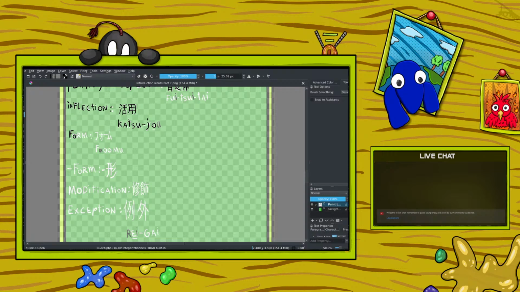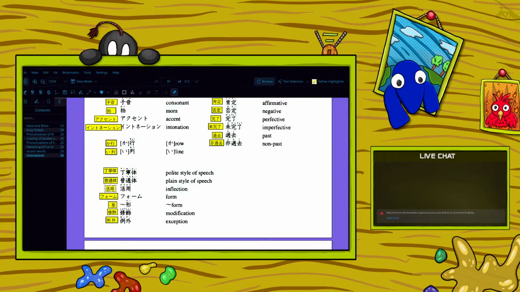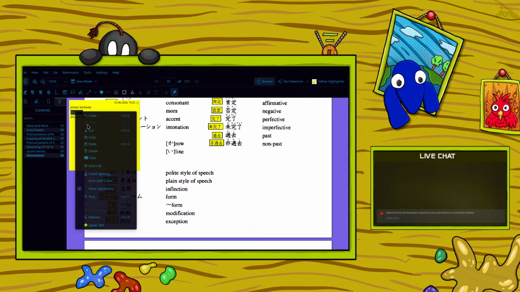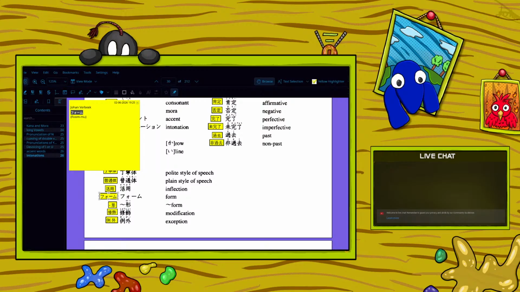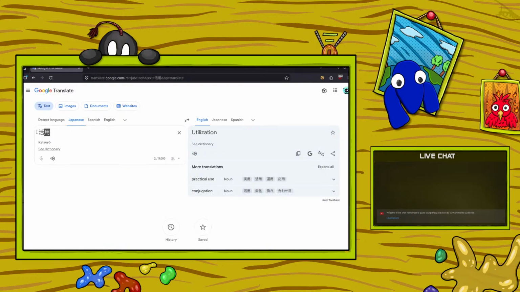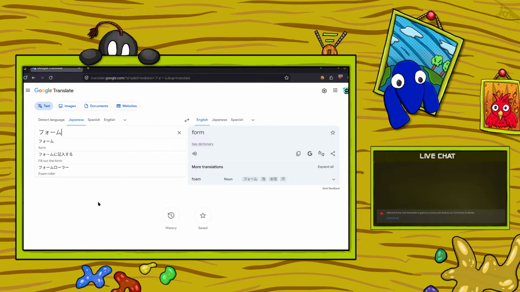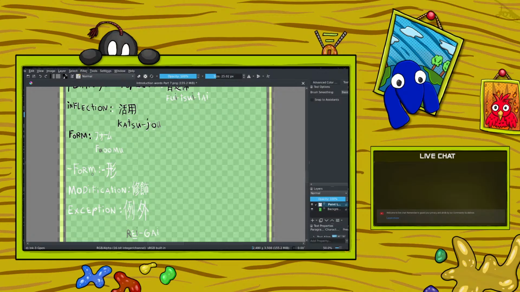Time to get form. Form is then of course formu, because that is the katakana one, which I was surprised about because it was annoying as hell. So the R is not spoken out. So we have here formu. Form, yes, correct.